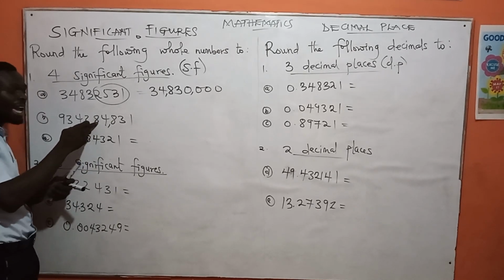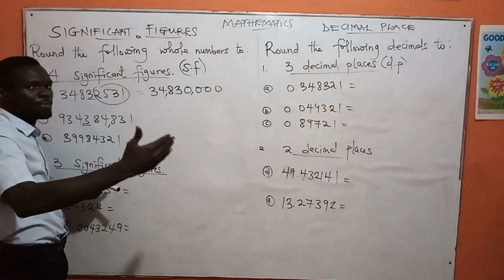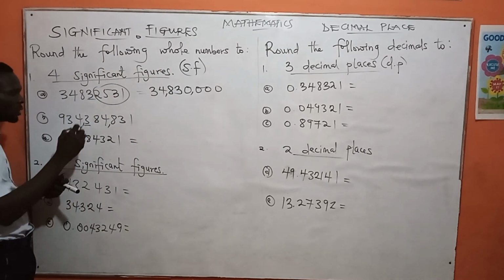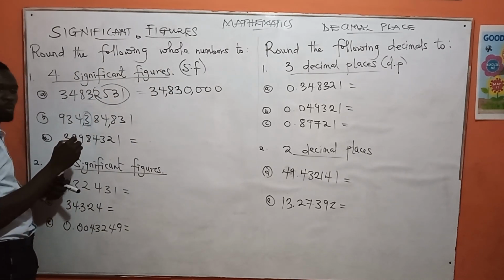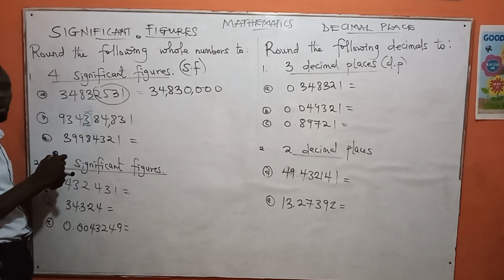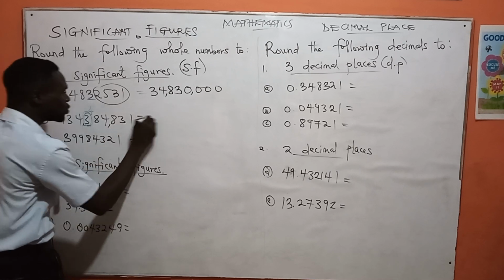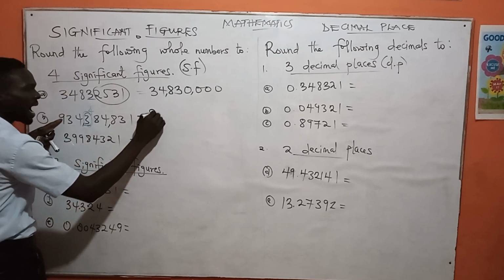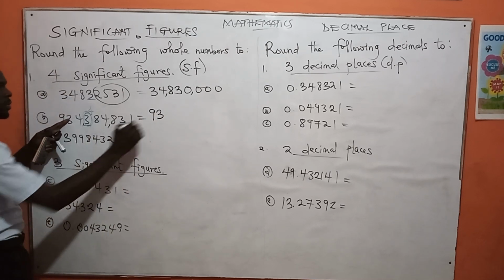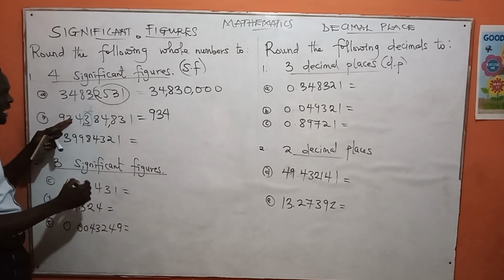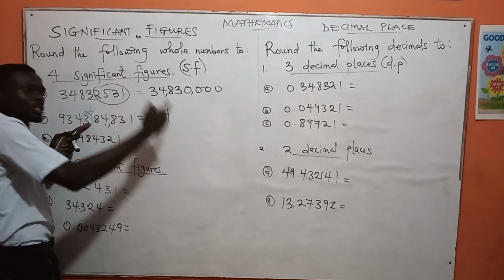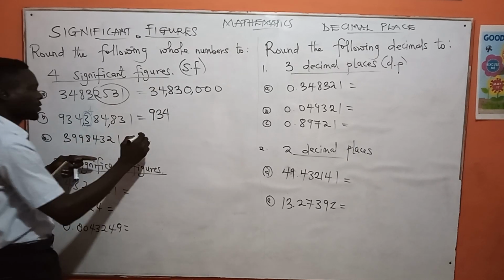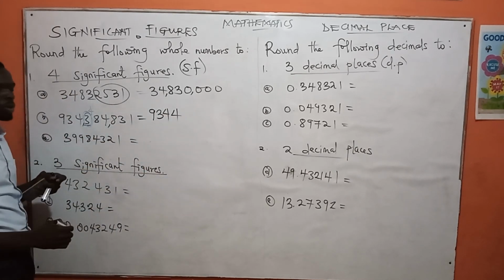Because the 8 is more than 5, I'm going to add 1 to the 3, which will change to 4. So in writing the answer, the value is going to give me 9, 3, 4. Then because the number at the immediate right of 3 is more than 5, it will give me 4.